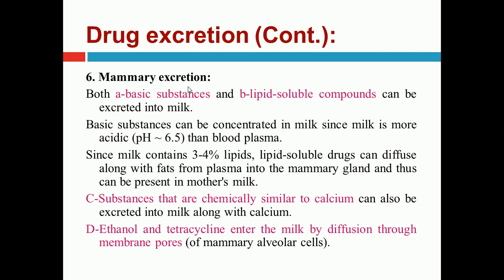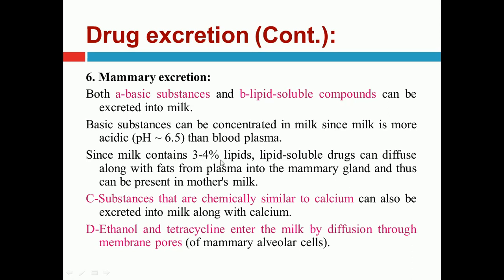So certain basic substances or lipid soluble compounds can come in the milk, because the breast milk has fats as well, so it can dissolve lipid soluble compounds. It is quite acidic as compared to blood plasma, so basic substances can be trapped in the breast milk.